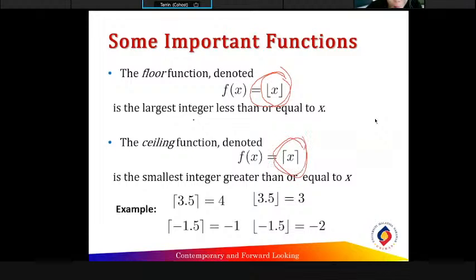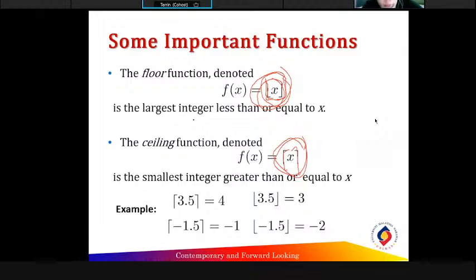So when you see a function like this, basically it looks for the integer nearest to it, either below the value x or the integer that is immediately above the value of x. So x here can be in any form, so they are real numbers generally. It's not stated, but they are real numbers, or else we wouldn't be using them if they were just integers. So how do we find the value? Straightforward. The first one, 3.5.